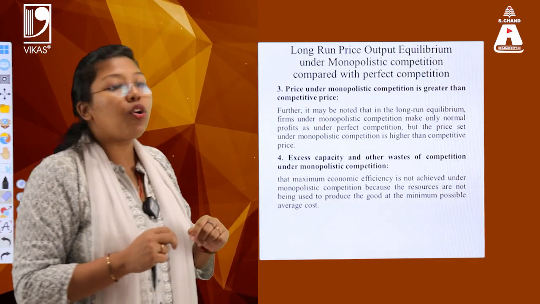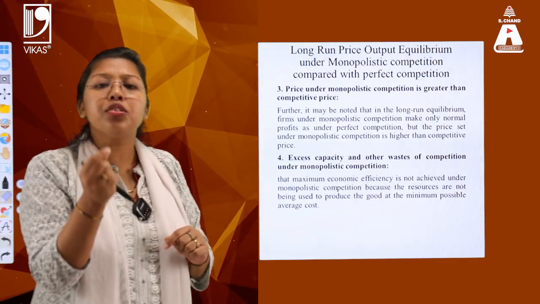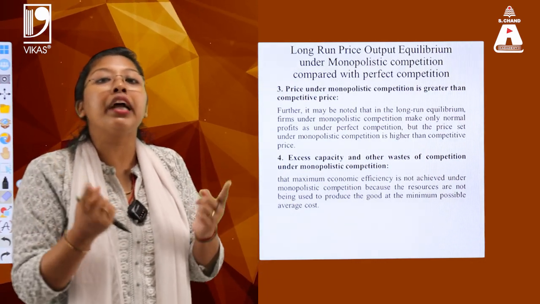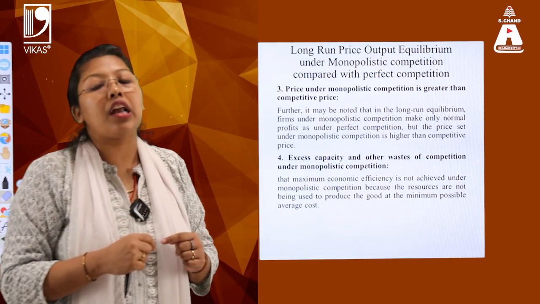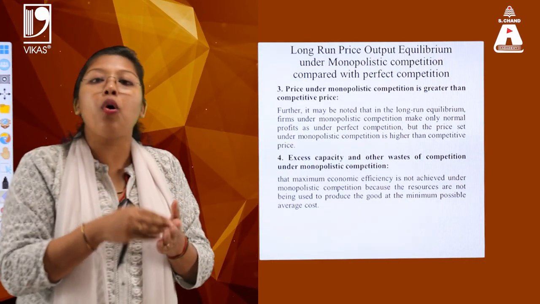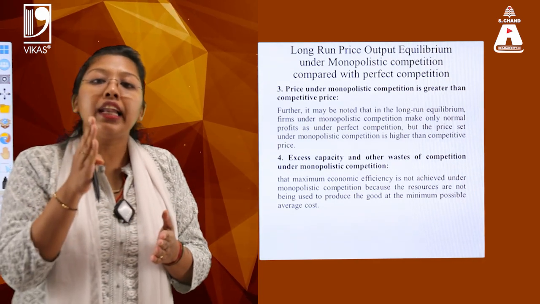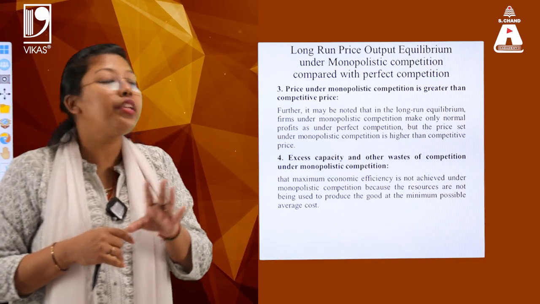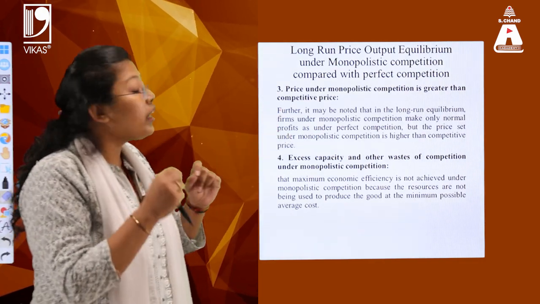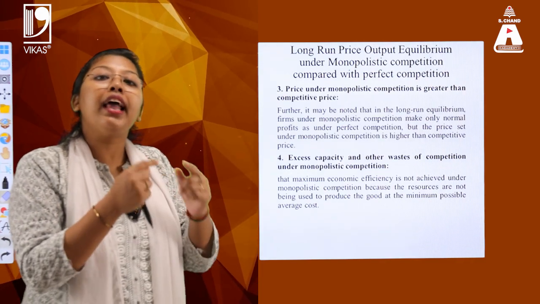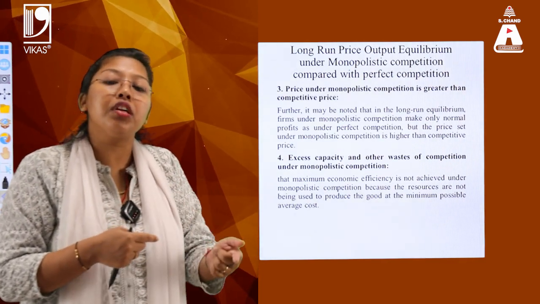But in monopolistic competition, there is a chance where the firm is influencing the decision making of the entire cartel, which we discussed in the last class, that in the cartel, the monopolist or the monopolistic competitor can have a right on the price making decision. So what is happening? It is always greater than the competitive price, and it might have more profit for the monopolistic firm.